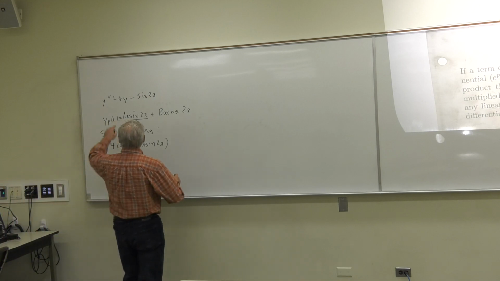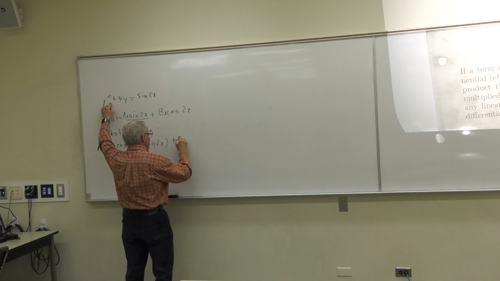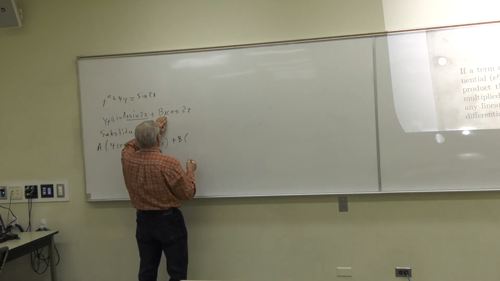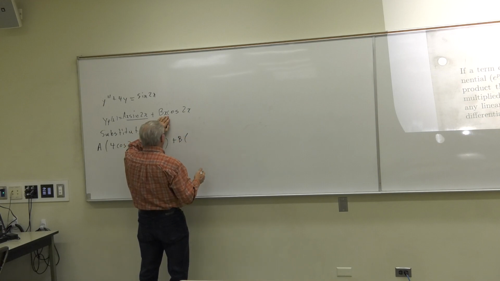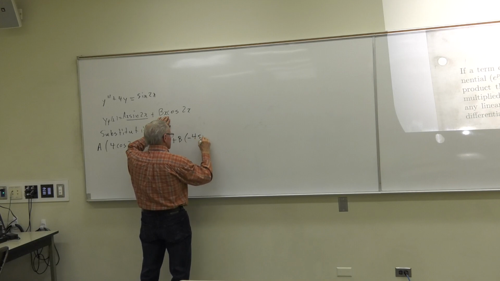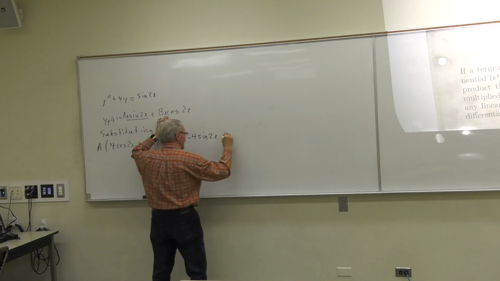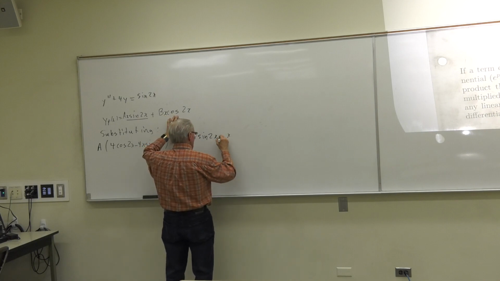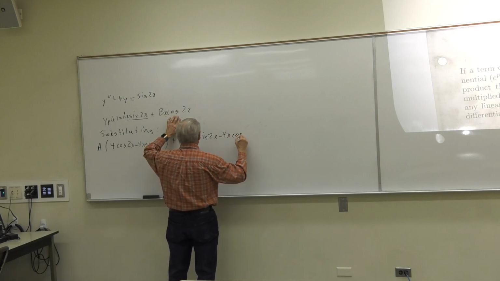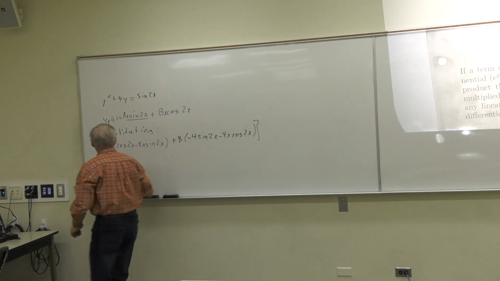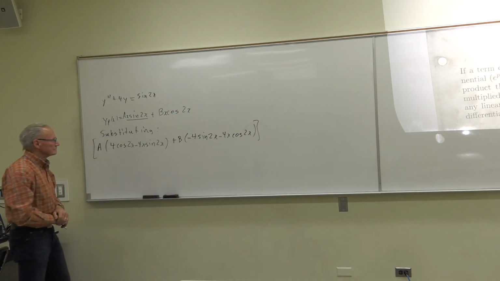On to the next, we need the second derivative of this guy, b. Same rule. Second derivative of him, gone. Twice the first derivative of each: how about minus 4 sine 2x? Then plus him times the second derivative of him, minus 4 cosine 2x. How's that then for the second derivative?